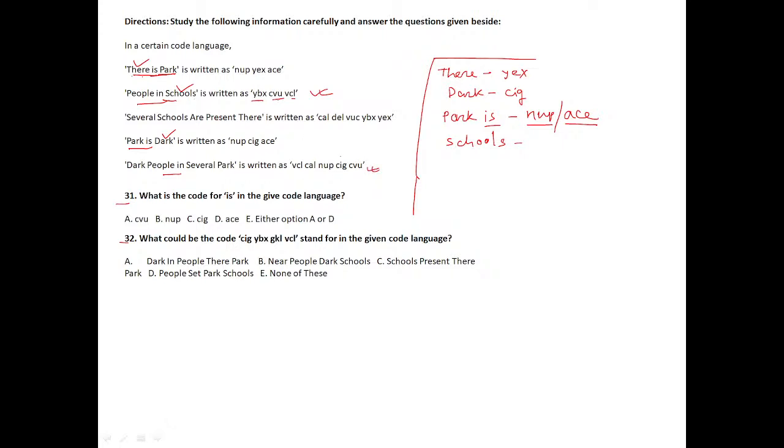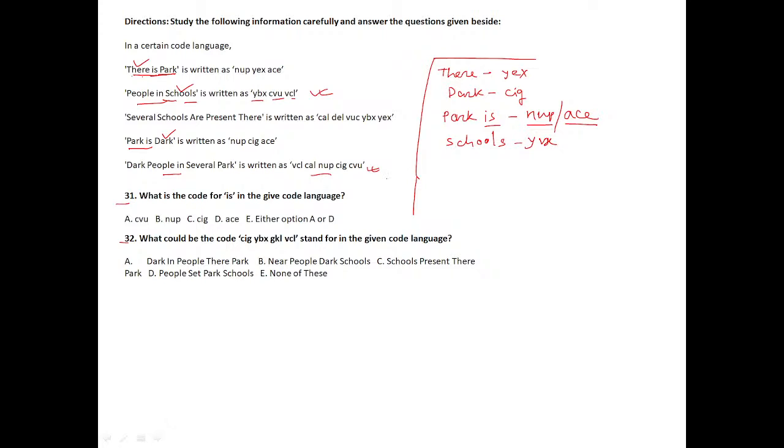YBX, is it here? No, it is not here, so definitely it would be the code for schools. You should not move further whether rest of the code is there in common or not. This must be there. Okay, if you have a careful observation, then at one go you can think that this schools is coded as YBX, which is not available here.